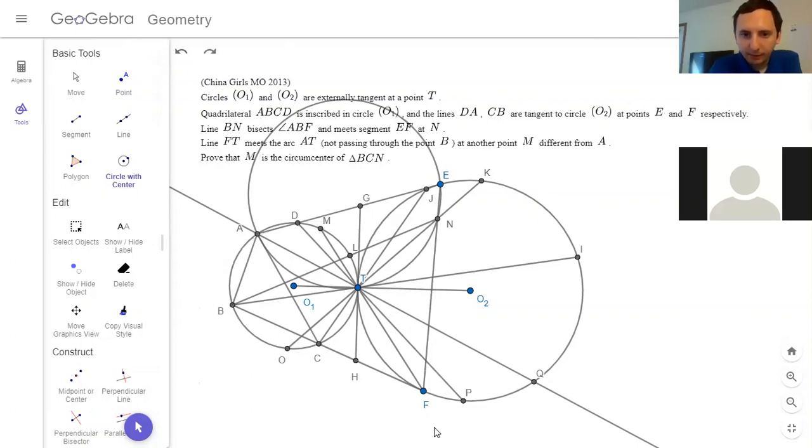We want to show BFE is ATB, yes, exactly. Or yeah, ATB plus KTI, that's right.